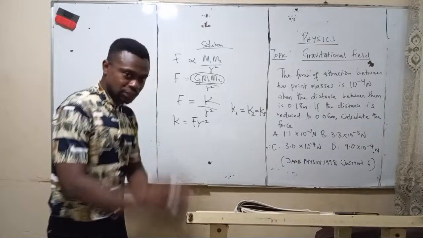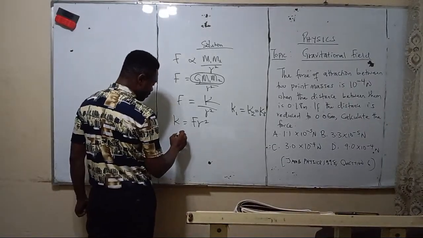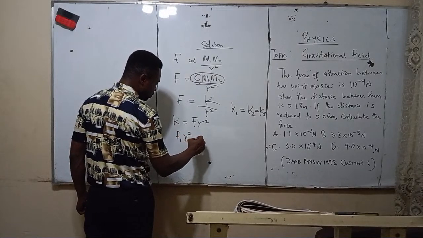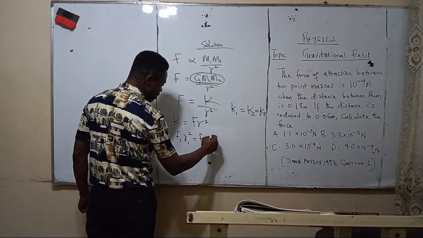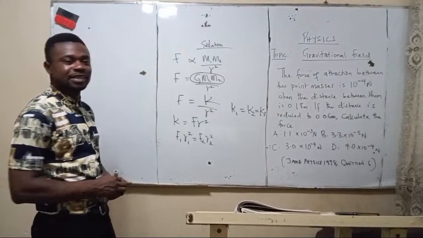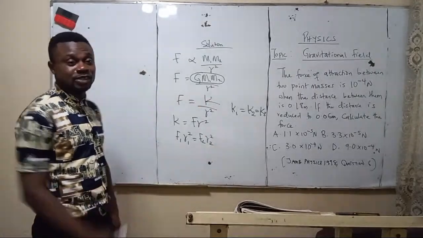If that is the case, that means F1 R1 squared is equal to F2 R2 squared. That's the meaning. So we can use this relationship now to solve this question.